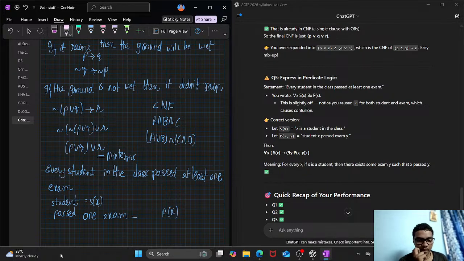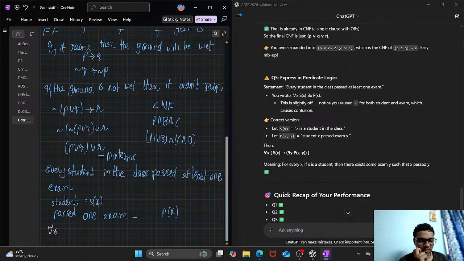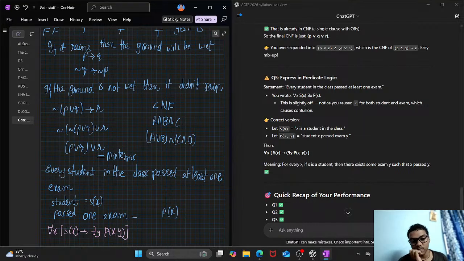I'll just write this down. For all X, S of X implies there exists Y, A of X comma Y, right?